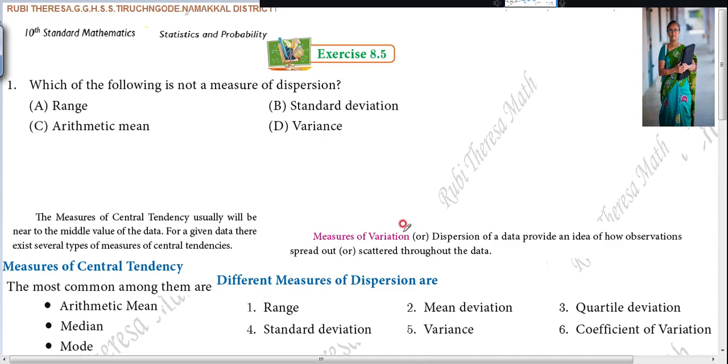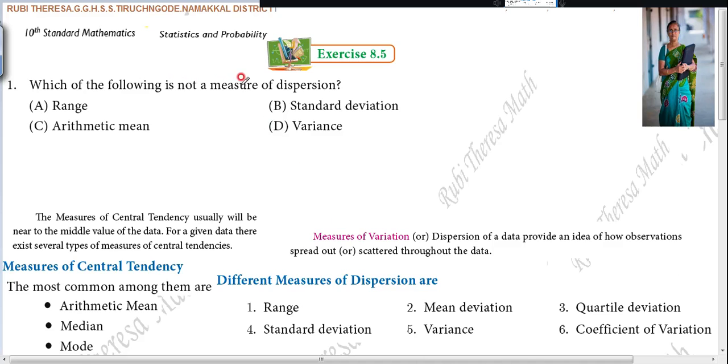Dispersion is a measure of variation of data. It provides an idea of how observations are spread out or scattered. It is the idea of the scatteredness of the values. So range belongs to measures of dispersion.